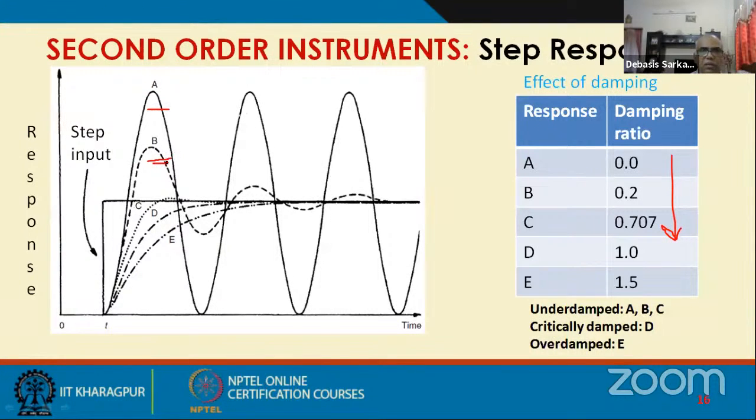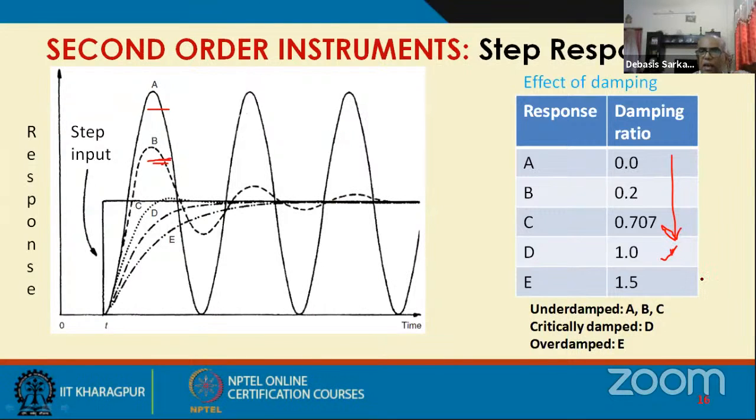There is no damping, so it will continue to oscillate like this. And damping means the oscillation will be restrained with time. So B, your damping is 0.2. C is 0.707. And when D comes, you have 1.